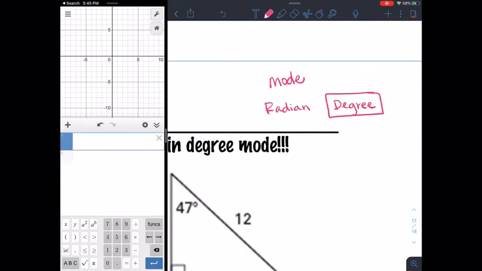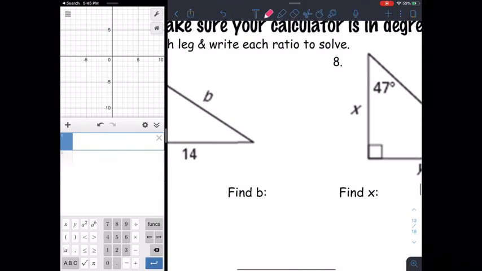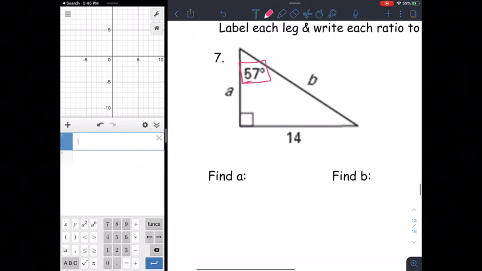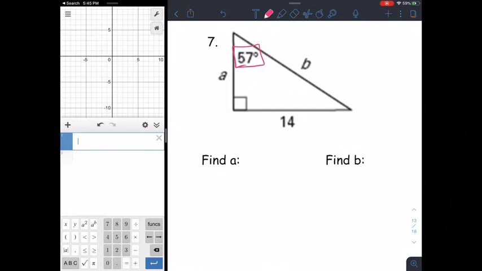Make sure that degree has been selected and hit enter, then you can just click second quit and it'll take you back to your home screen. This is really the only time where degree versus radian really matters, but it does matter. If you start getting a lot of funky answers that really don't make sense, check that your calculator is in degree, because if you're getting all those crazy answers, your calculator's probably in radian mode. It's an easy fix, but you've always got to make sure to watch out for it.